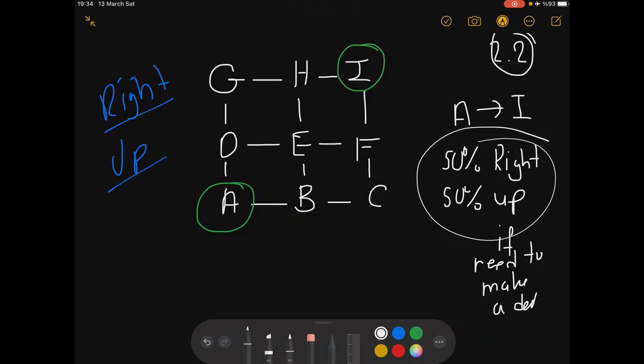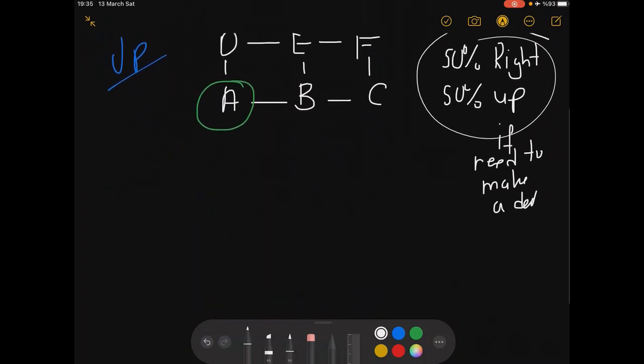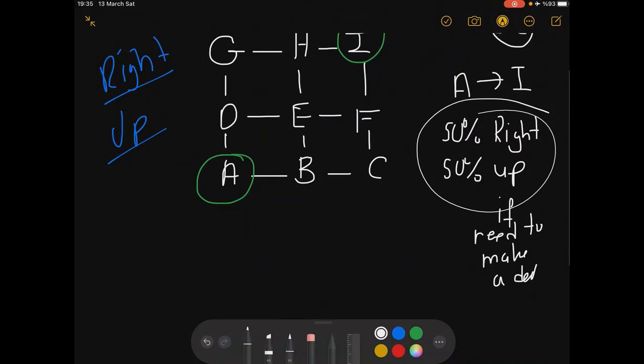Now, what does this question ask us? First, it asks us to write down the sample space. Let's write it down together.